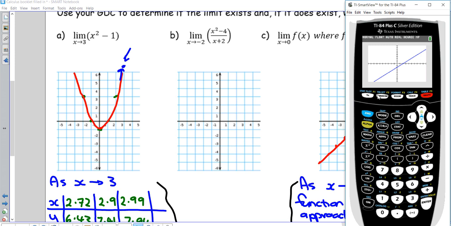Go zoom standard or put in negative 10 instead. What about my Y max? Our standard settings are minus 10 to 10. The graph is negative.